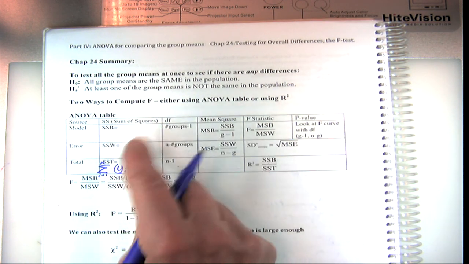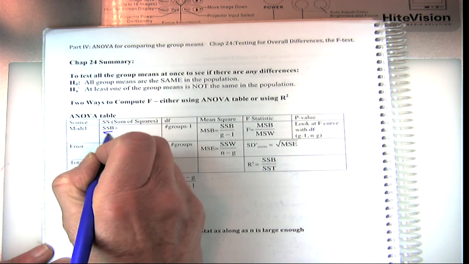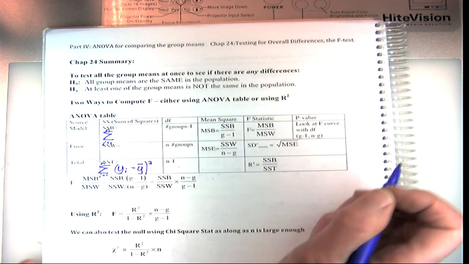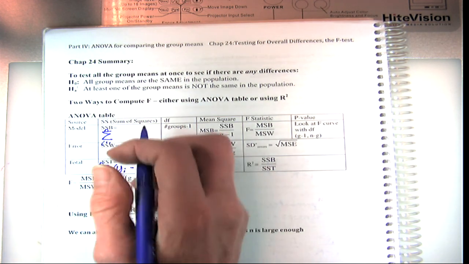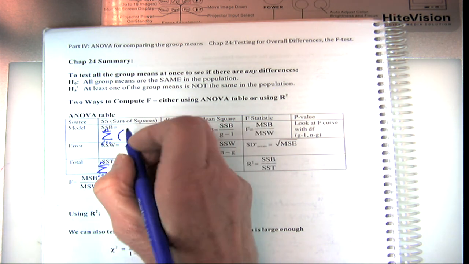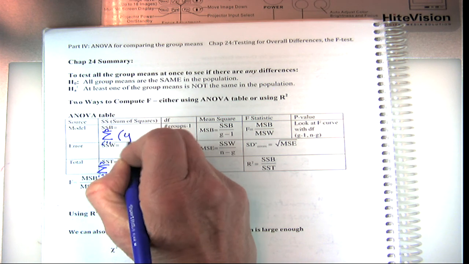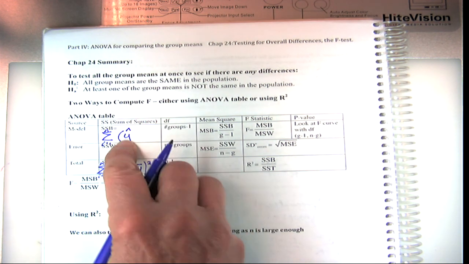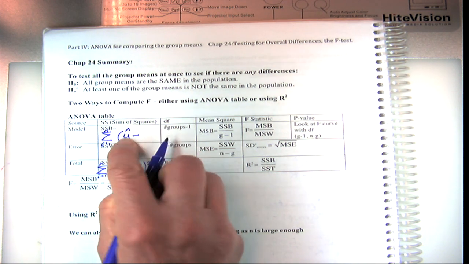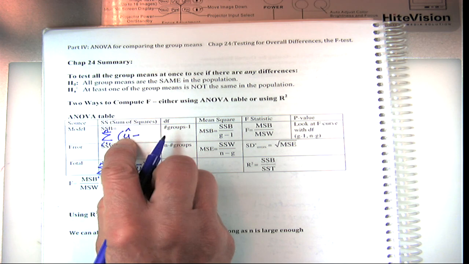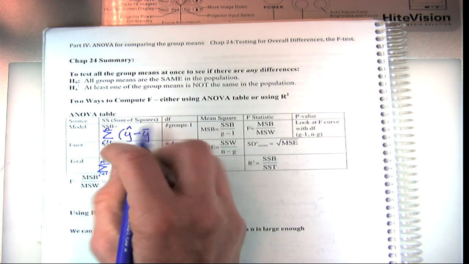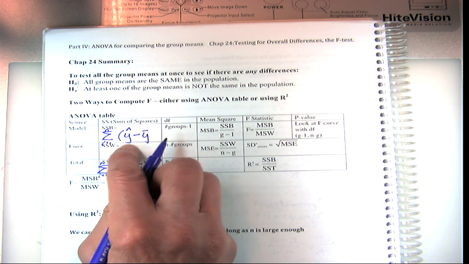We break it up into the sum of squares for the model, and that is from i equals 1 to n. You take each one of those 858 students, and you take their predicted based on their group membership. So if they're whites, they would be predicted to have the white average. If they're blacks, the black average, etc. Minus, that's how much better the model is versus just guessing the overall average.